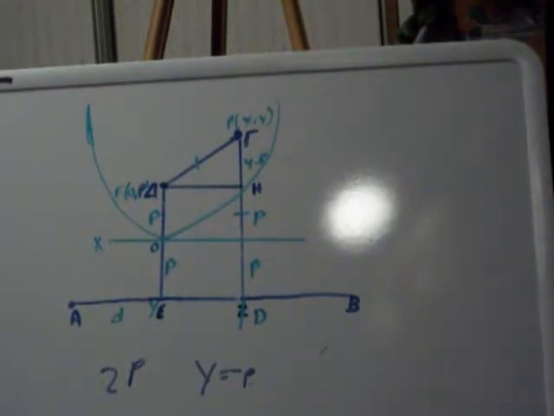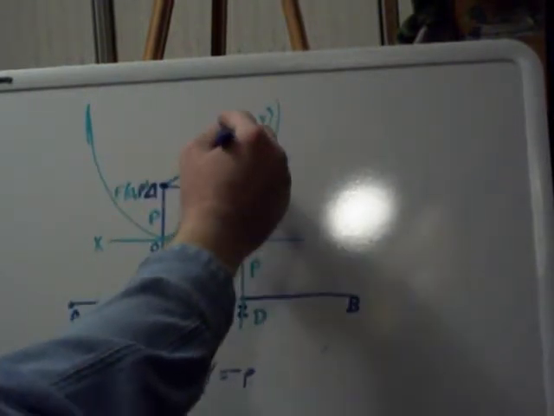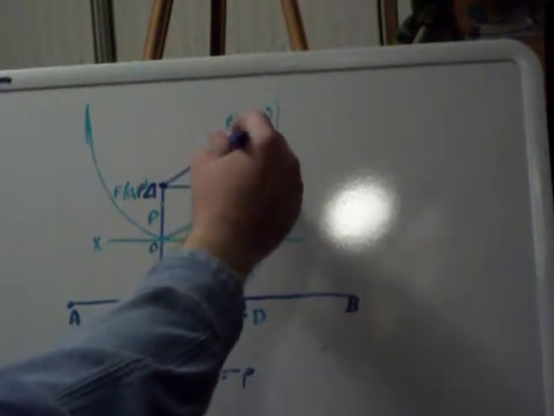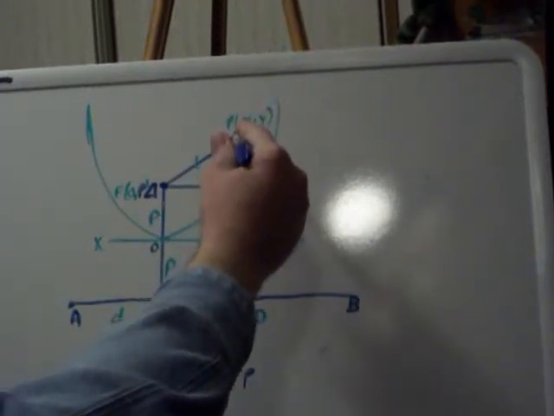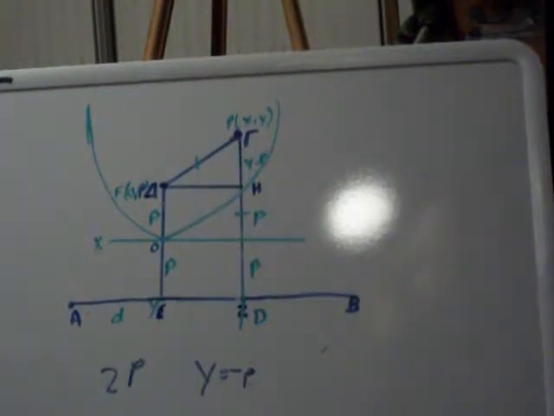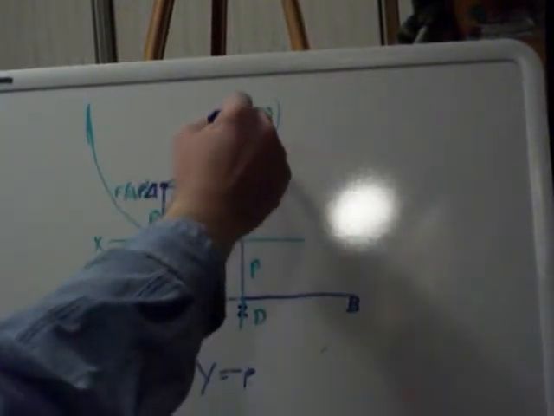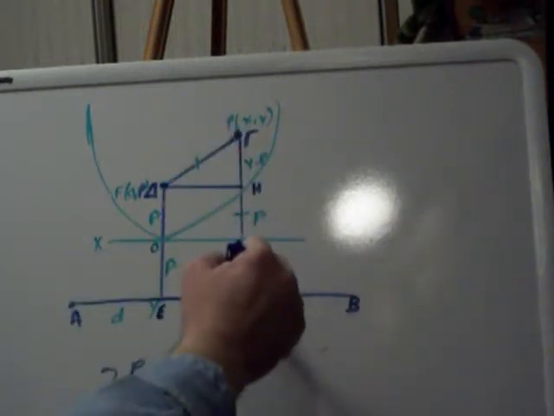Now, according to the definition of a parabola, PF, which is capital P, capital F, that's this line right here, is equal to PD. Now, where is capital D? I know it doesn't look this way, and that's fine, but they're saying that the distance here is supposed to be the same distance as this.